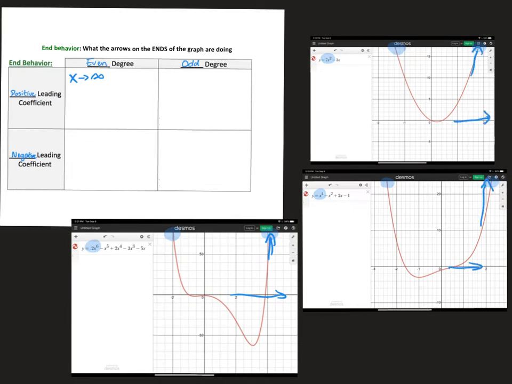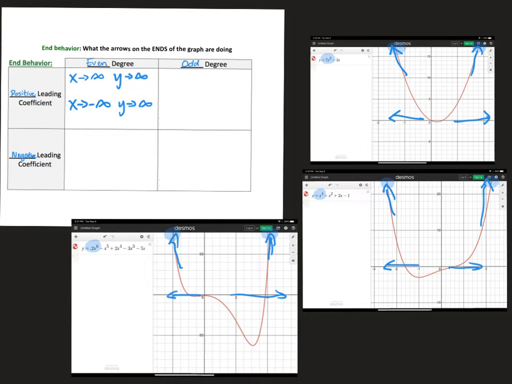So as x approaches infinity, y approaches infinity. On the other side, as x is approaching negative infinity, the functions are still going up. So y is still approaching positive infinity because those ends are going up.